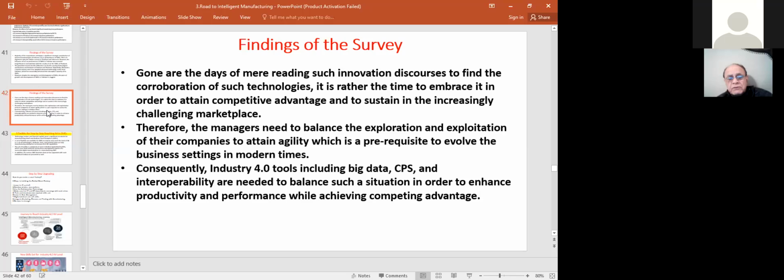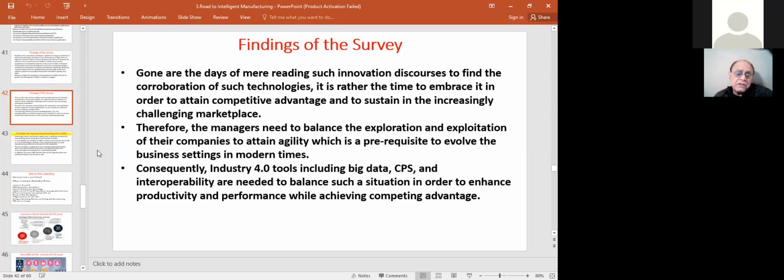It's really up to the managers to use these capabilities and smart instruments at the work floor level, and this is how they can make good use of them.